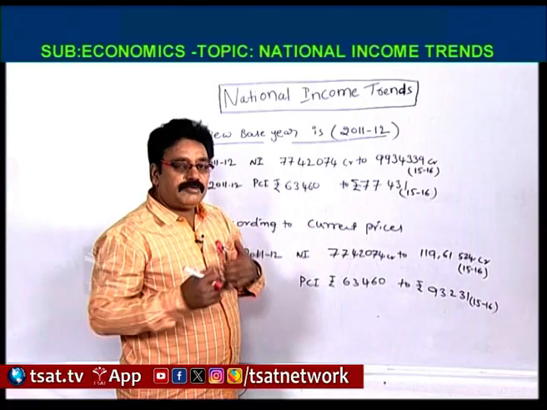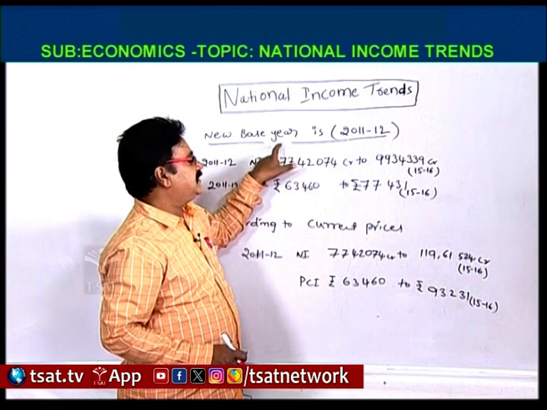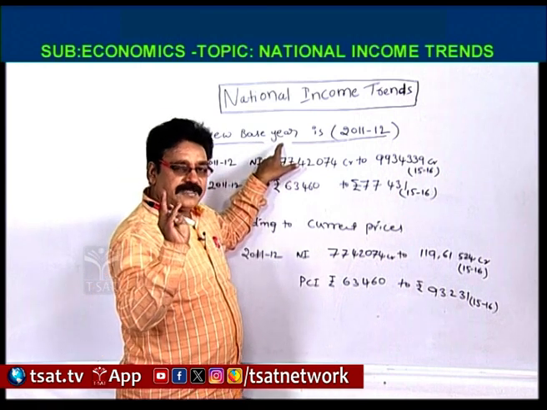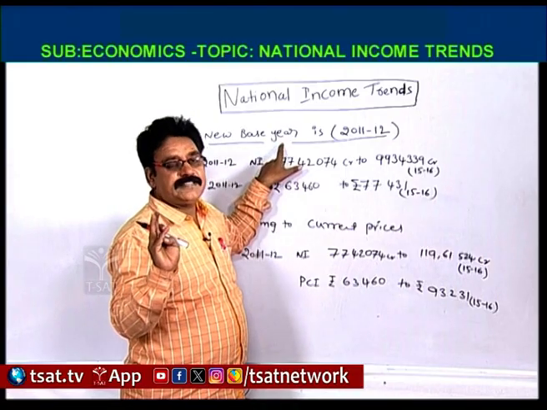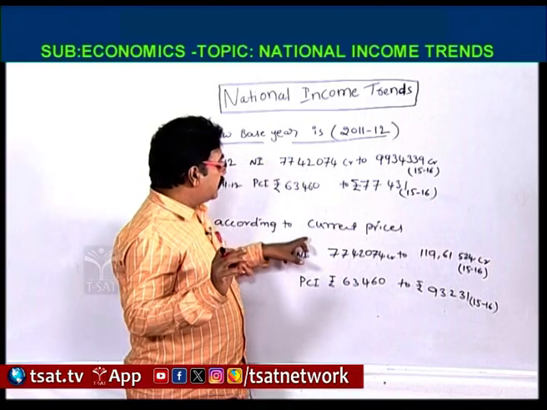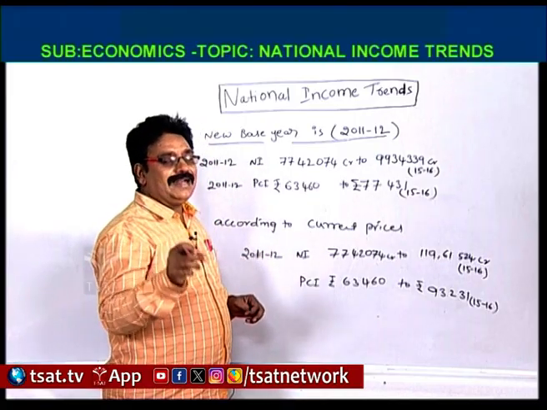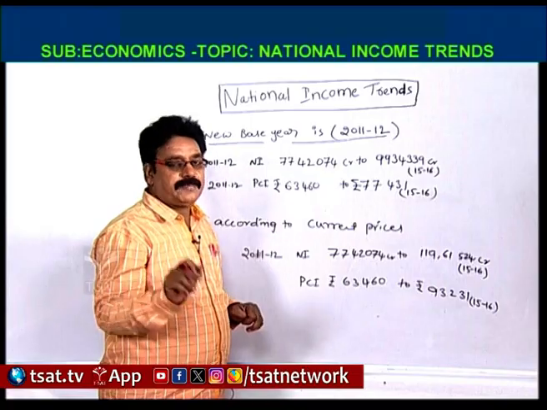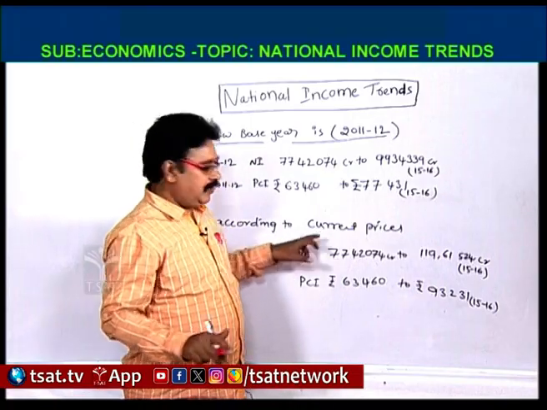We have to remove the monetary effect. To remove it, we use constant prices, or base year prices. Current prices mean that whatever year we are calculating national income for, we take the same year's prices.